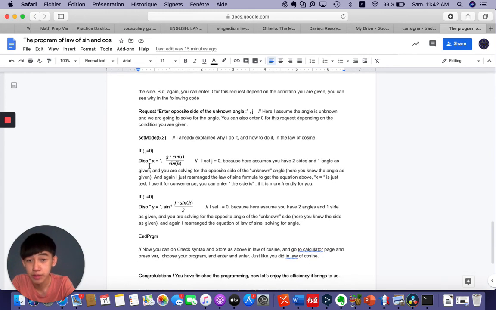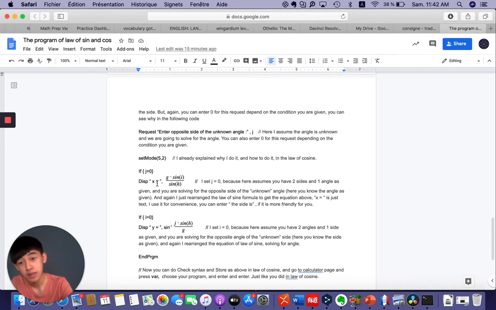So here I put display x equals, because it's just a name. You can put anything in the text box. And here I rearranged the sine rule to find a side.